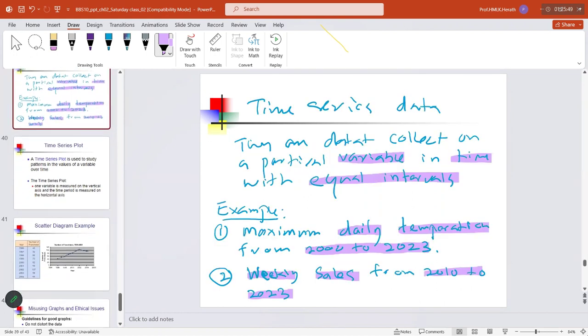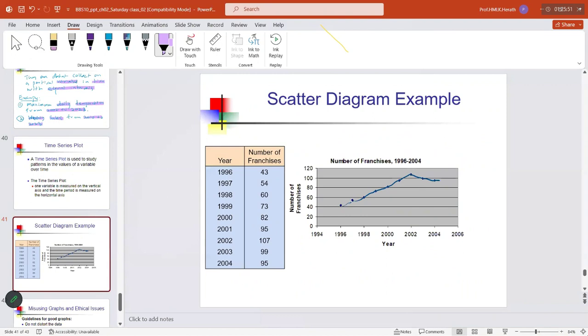So look at this example. You have been given annual data, the number of franchises over years. The frequency is yearly.